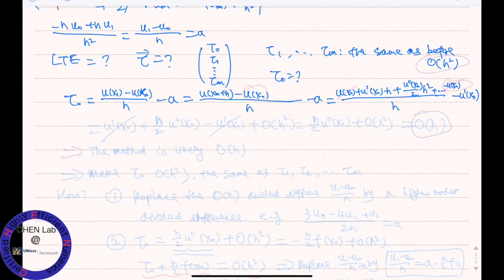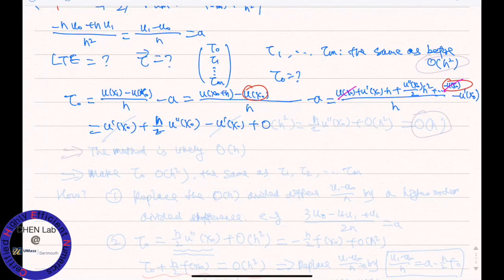Okay, this is the same guy from here. We see that this u0 cancels with the u0, and what's left is u prime at x0 times h, divided by h, so the h goes away, plus h squared over 2 divided by h is h over 2 u double prime at x0, and this minus u prime at x0.